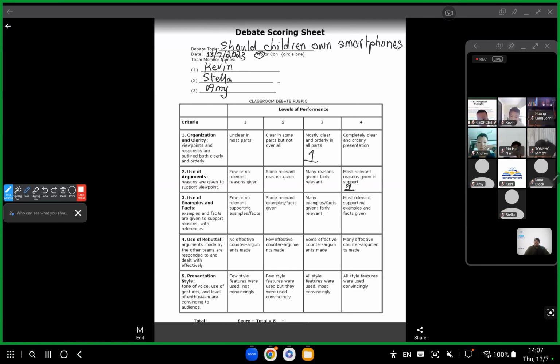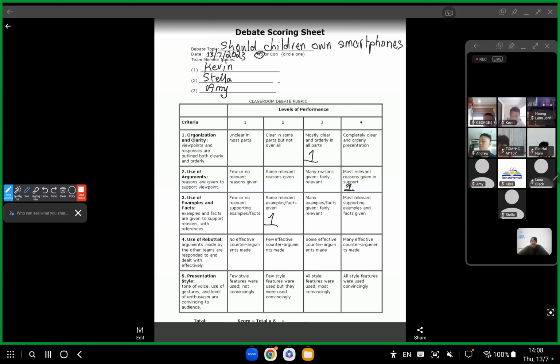Because we see at the top there, the 1, 2, 3, 4, that's how many points you get for each criteria. And then they might say, ooh, so his arguments were good, but he didn't really give us too much evidence on this one. So Kevin can have 2 points for his examples and facts.